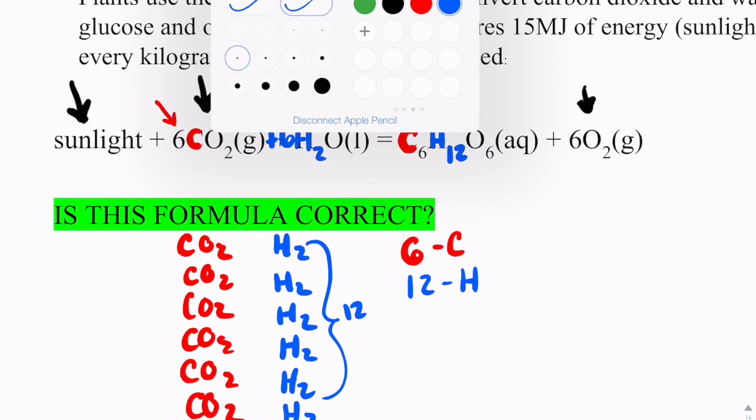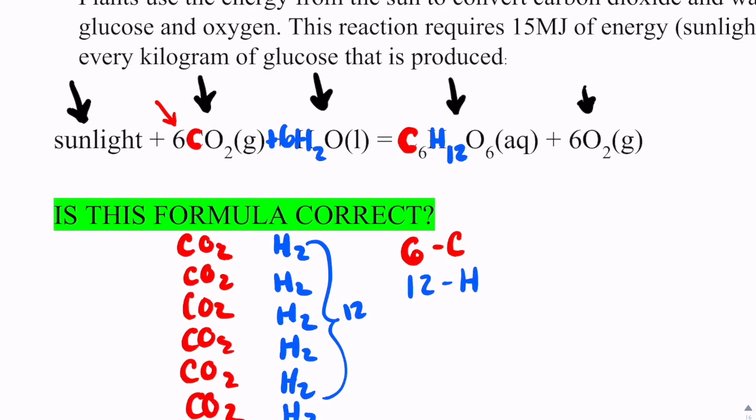So oxygens, let's use green for this. We have 2, 4, 6, 8, 10, 12 oxygen. So I have 12 oxygen on the left-hand side. On the right-hand side, I have 6 oxygen there.